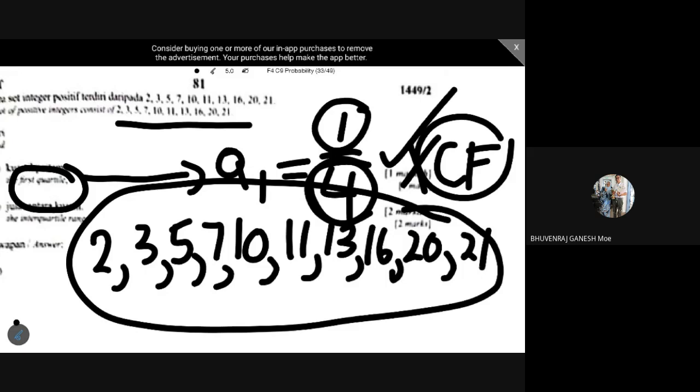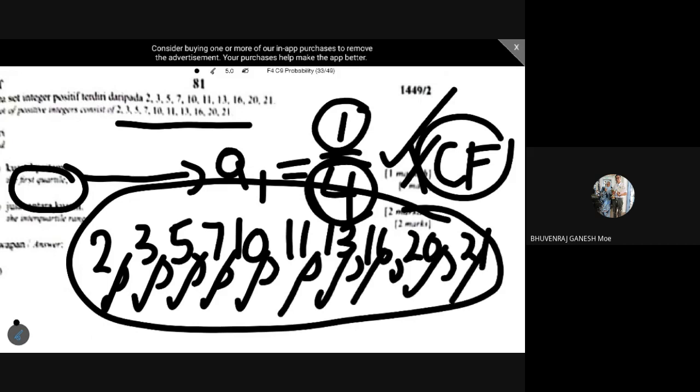Form 5 can answer, 10. Very good. You just count how many numbers you have here: 5, 6, 7, 8, 9, 10. So 10 is your cumulative frequency.